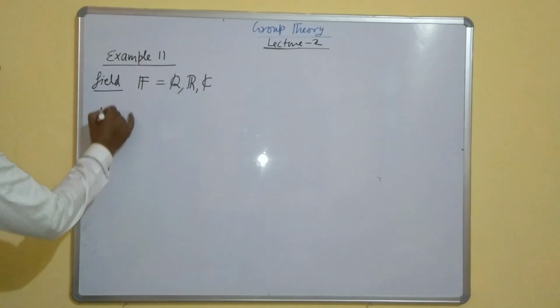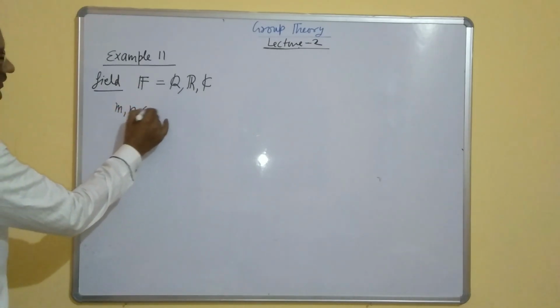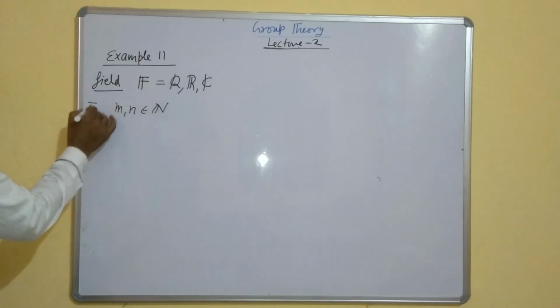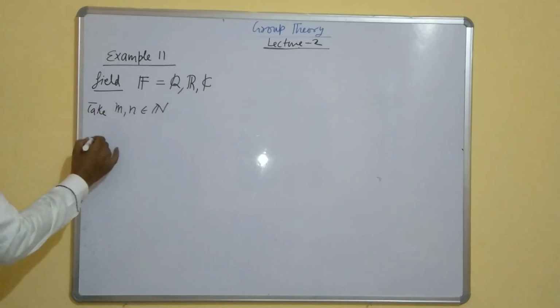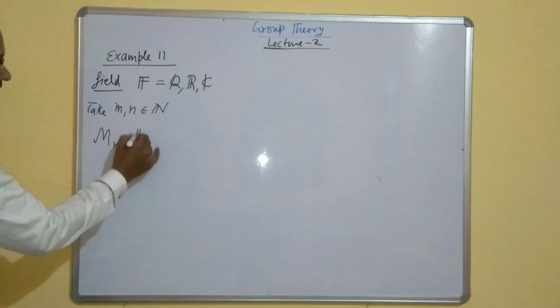So now consider the two numbers m, n, natural numbers, and define a set M_{m×n}(F).